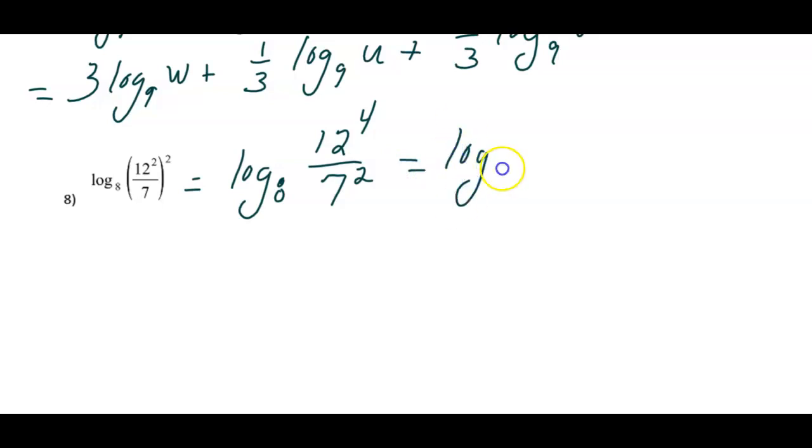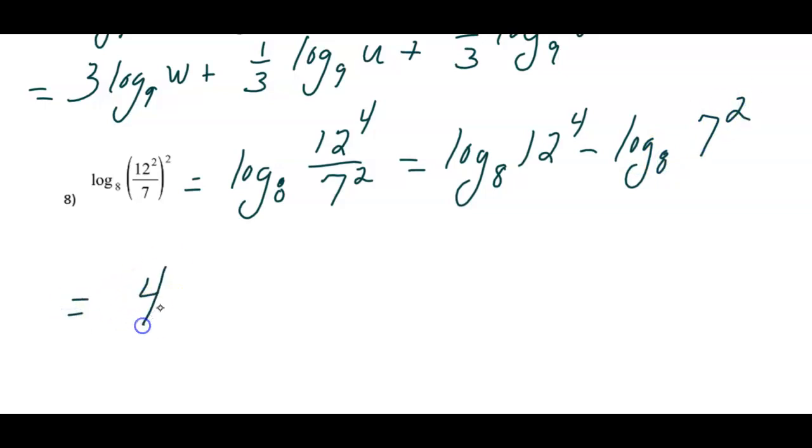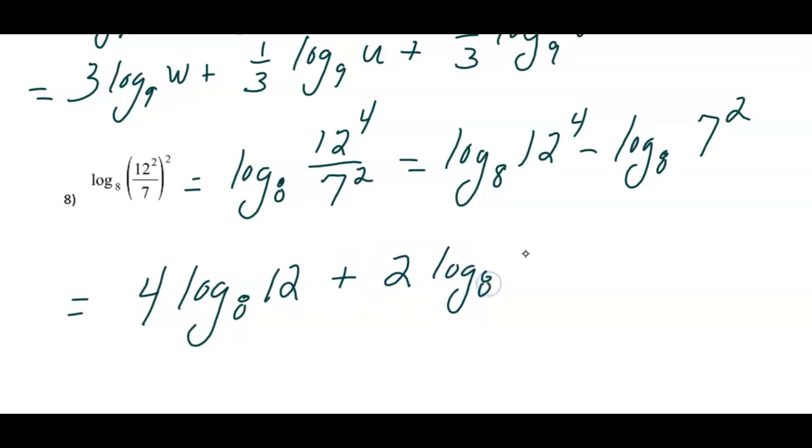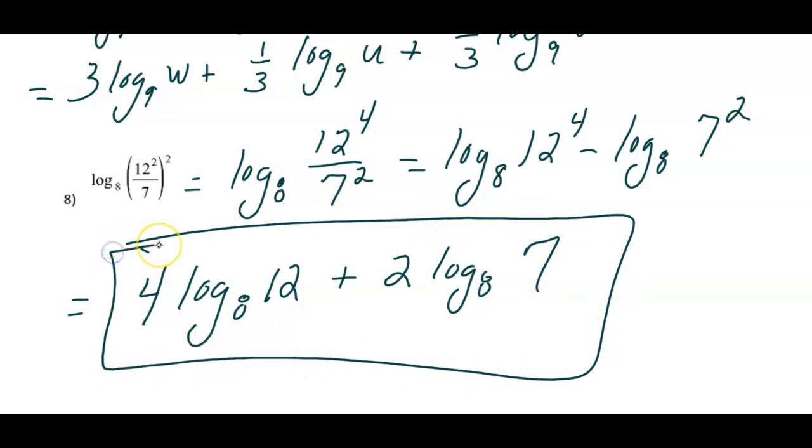So log base 8 of 12 to the 4th minus log base 8 of 7 squared. And then the last thing, bring those coefficients out front. And that's our fully expanded version.